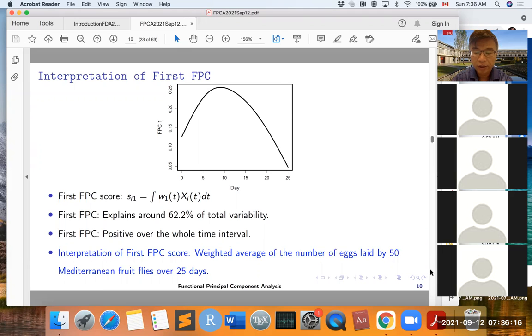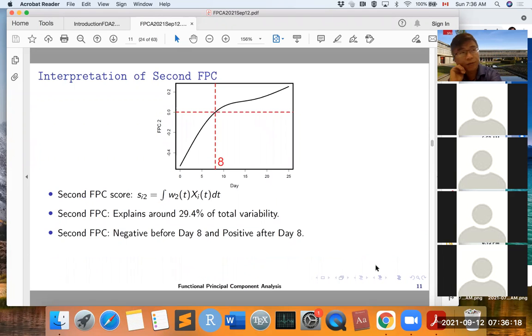And for the second LPC scores, again, this integral can be viewed as the area under the curve. I'm not sure whether we can look at the slope around day 8.